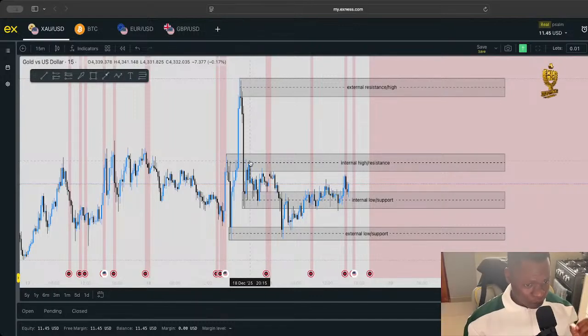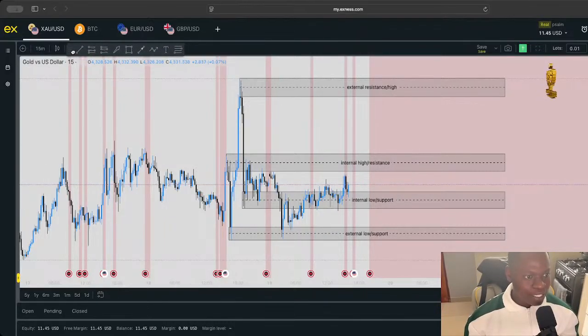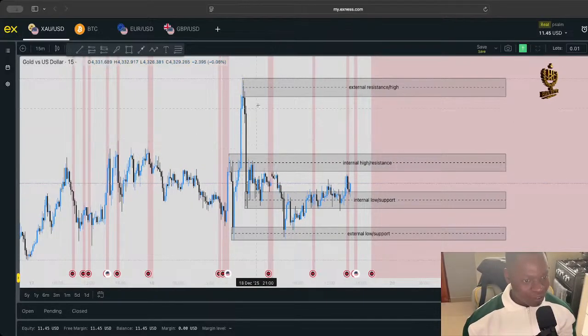So what am I going to be looking for now is this. I want to see price either breaks my internal high or my internal low, sorry. Reason being, if it breaks this level, the next point that price can reach is this high, because around here there is nothing that can keep price from reaching that high.